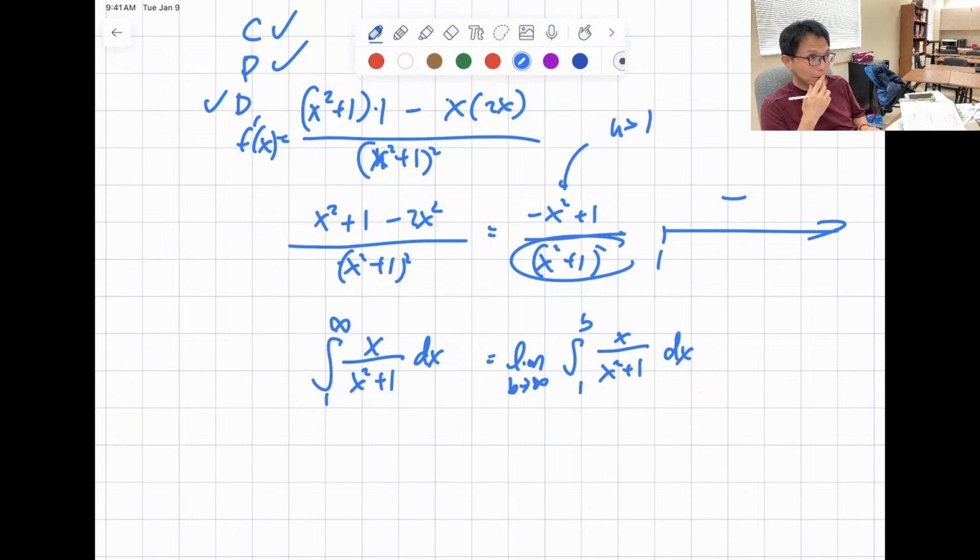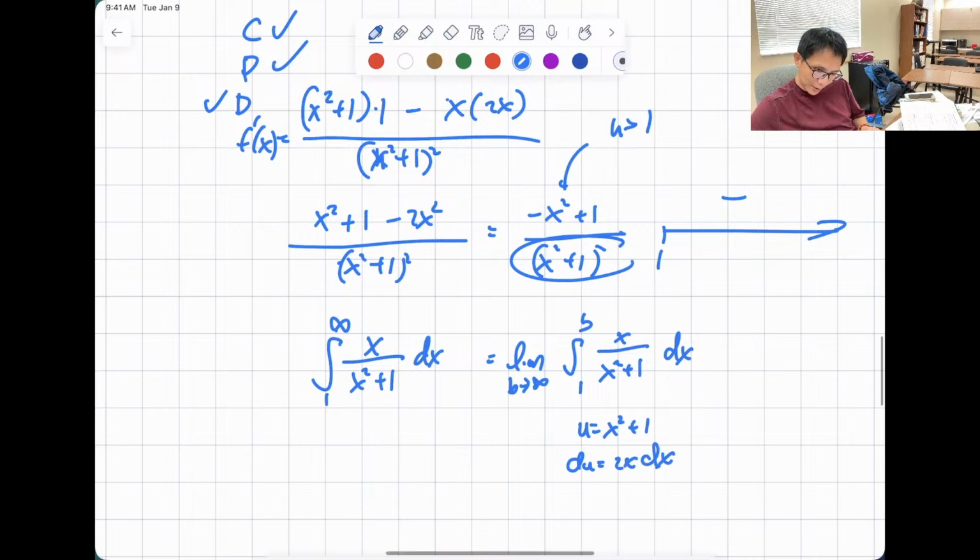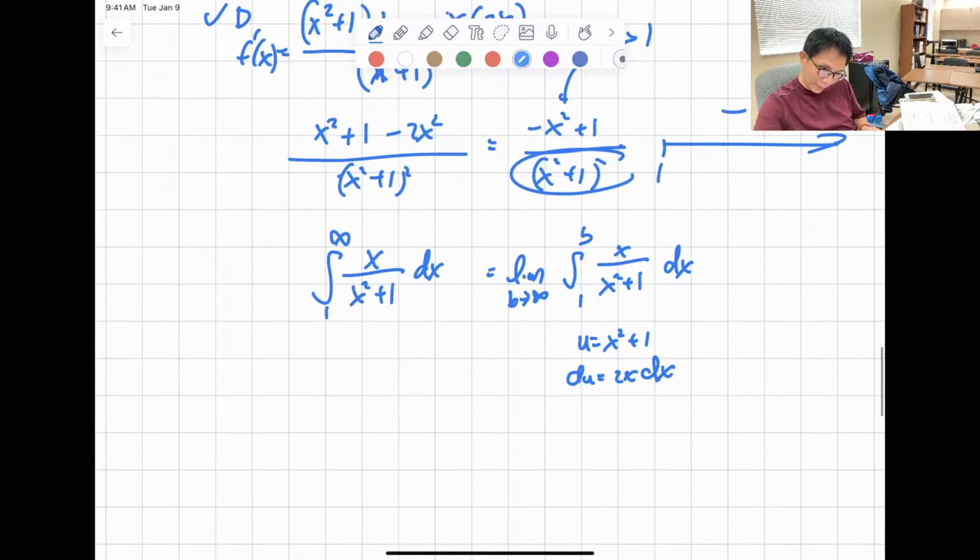What kind of integral are we supposed to do here? U-sub. u equal to what? x squared plus 1, du equal to 2x dx, which is nice, because that way I have du over 2 equal to x dx.